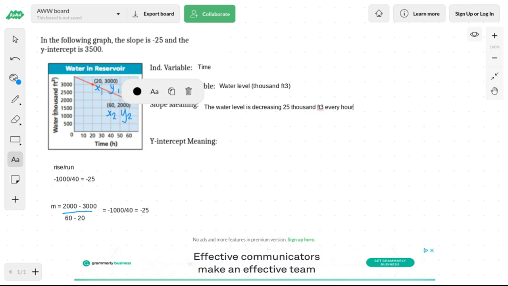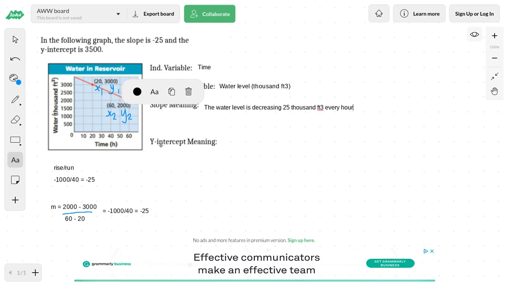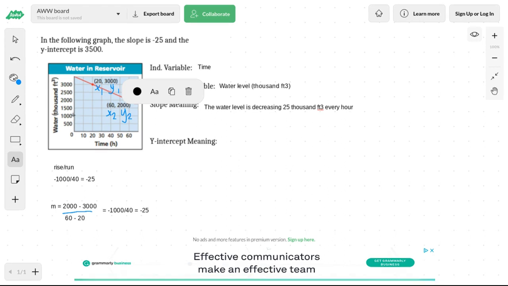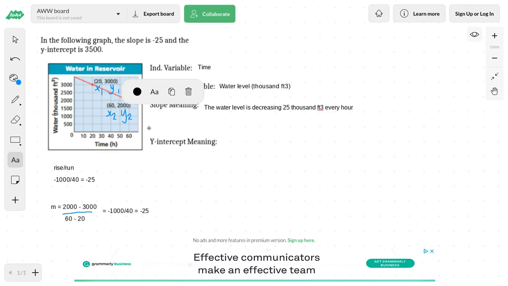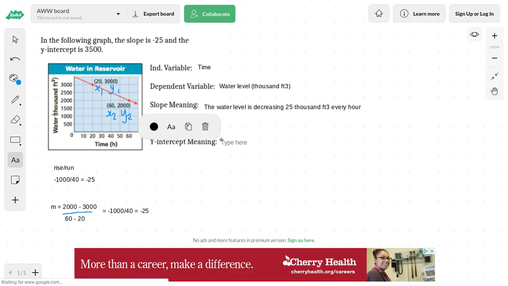My next part is the y-intercept meaning. Well, the y-intercept is where it crosses the y-axis, and so these are counting by 500s. So if I go up one more box from 3,000, that means I'm at 3,500. So for y-intercept meaning, I know that the y-intercept is 3,500, but what is it talking about? 3,500 what?